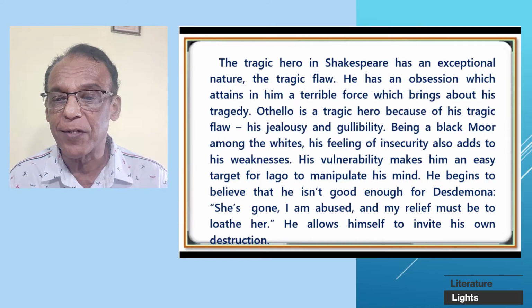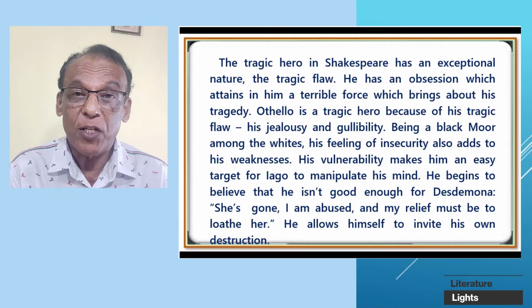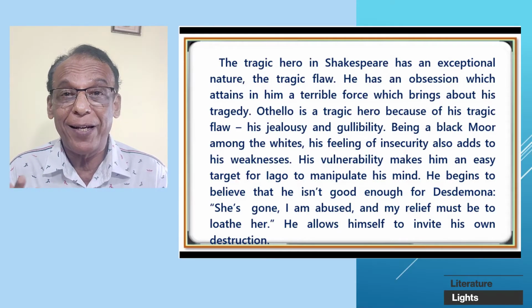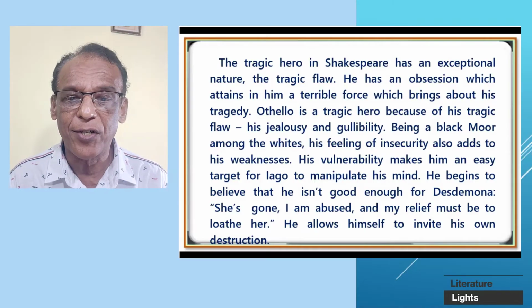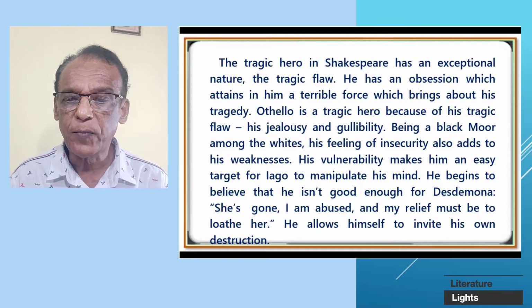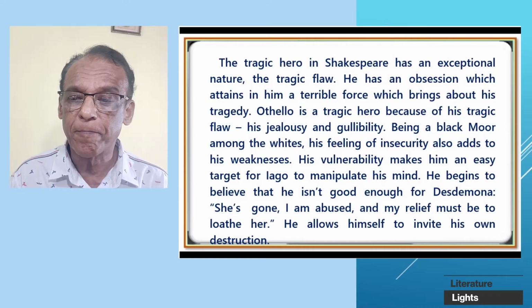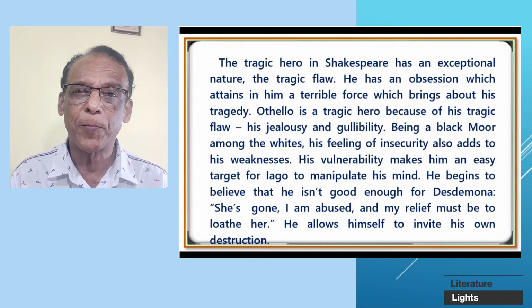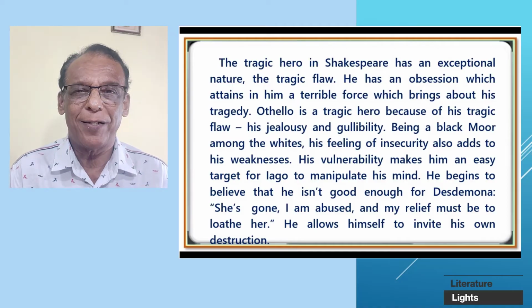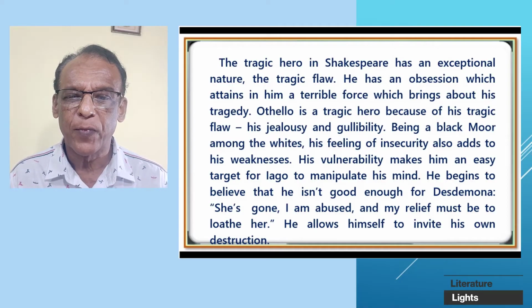Also add to his weakness, his vulnerability. He falls a prey to others' machinations very easily. His vulnerability makes him an easy target for Iago to manipulate his mind. He begins to believe that he's not good enough for Desdemona. Well, Desdemona is a white angelic beauty, whereas he's a dark Moor.